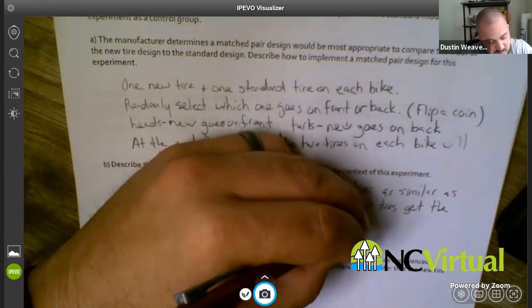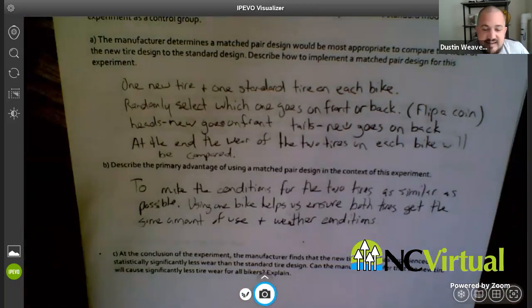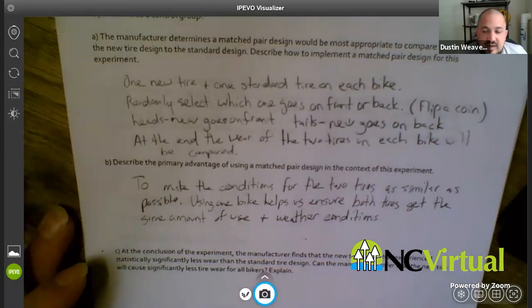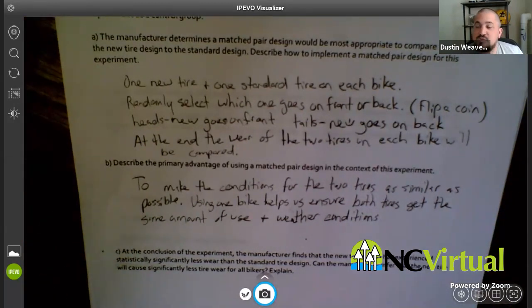So they're both exposed to the same conditions because they're on the same bike, right? And that's the goal. We want to make them as similar as possible. We want to make it to where the only difference is the tire, nothing else, okay?